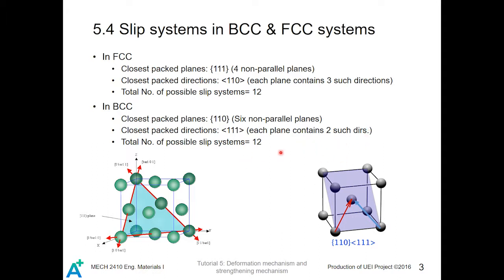And how can you remember it? It is basically the diagonal direction. It is the first diagonal, and the second diagonal direction, it is the slip direction. And the total number of possible slip systems is again also 12.